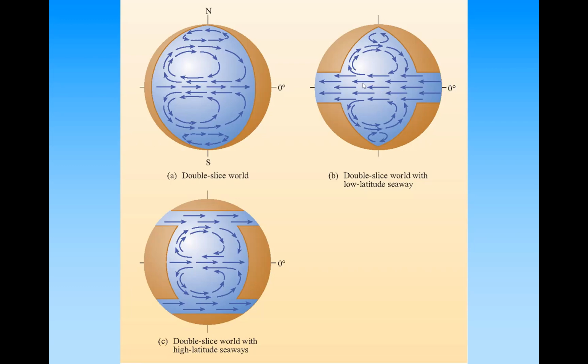And so an Earth with an open equatorial seaway would be warmer than a planet in which there were continental barriers across the equatorial path. And likewise, if there's a barrier at the equator, but there are open passageways in the high latitudes, that would produce a different set of circumstances.